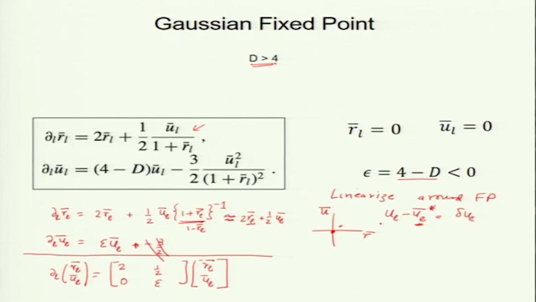Now, the simple properties: right now epsilon is negative, and so one eigenvalue is greater than 0 and one eigenvalue is less than 0.